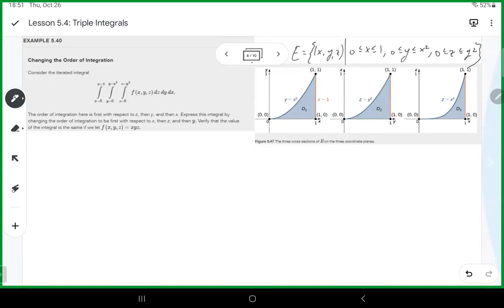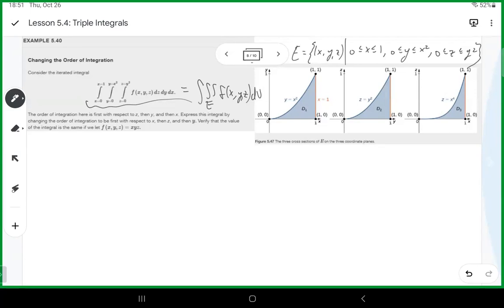And then that's going to give us basically this. And that's going to be equal to our E, F X Y Z dV.